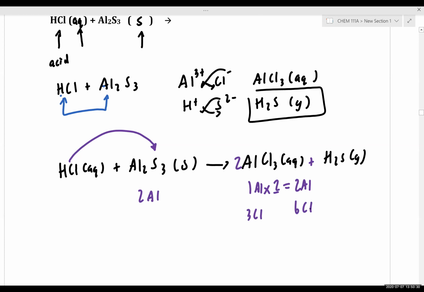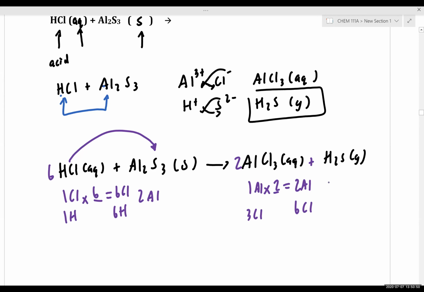So that gives us 6 chlorines. We have 1 chlorine and 1 hydrogen on the left. 1 times what would give us 6 chlorines? What coefficient do we need for hydrochloric acid? 6, yep. So now we have 6 chlorines and 6 hydrogens.